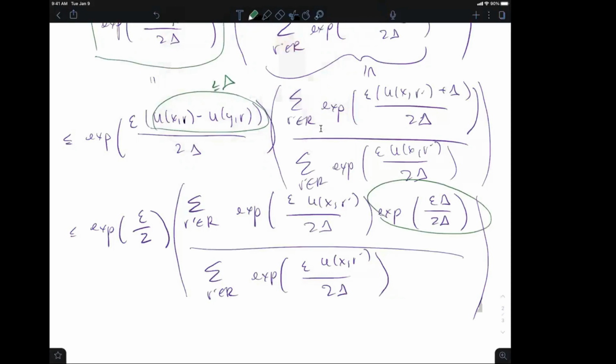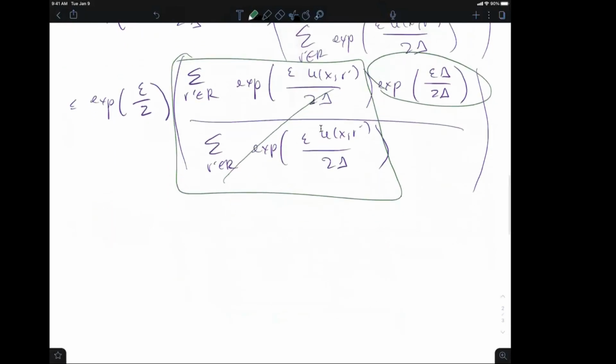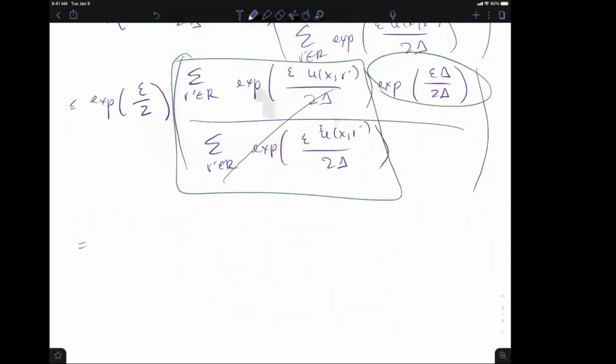The messy terms they cancel each other. Hooray for messy terms canceling. Exactly. Yeah, so that all cancels out. And yeah, sorry, my messy handwriting really mixed the messy terms. And so now we've got an exp of epsilon over 2 times an exp of, nice, epsilon over 2 equals an exp of epsilon.